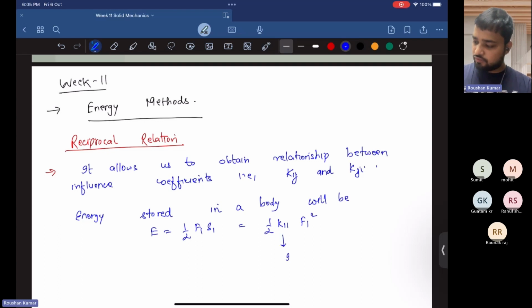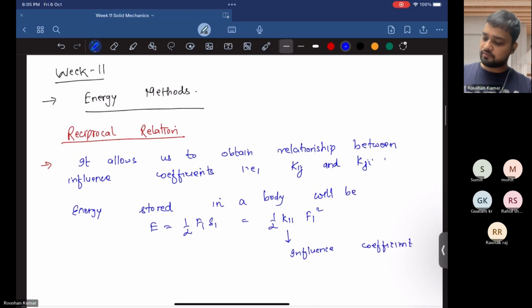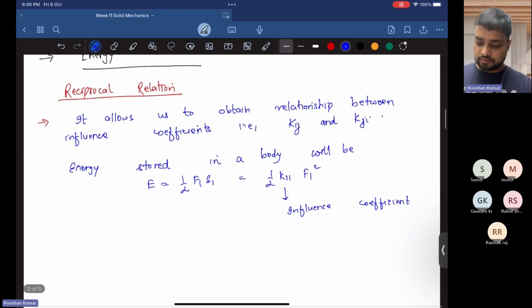So this is basically the influence coefficient, and this is the deflection, or we say displacement.